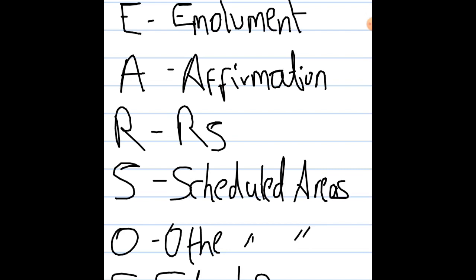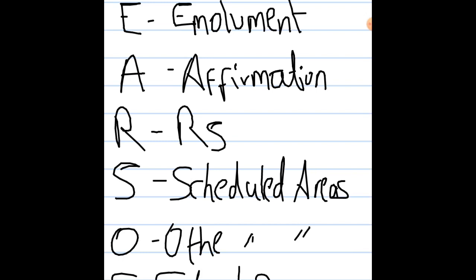Territory is over, emolument is over, and the affirmation. In case of adding oath and affirmation, I've just added as affirmation, as it would be a mnemonic. Oath and affirmation give the same meaning.